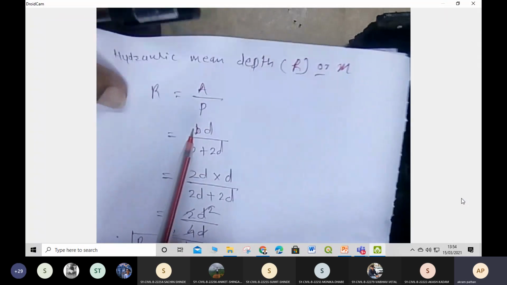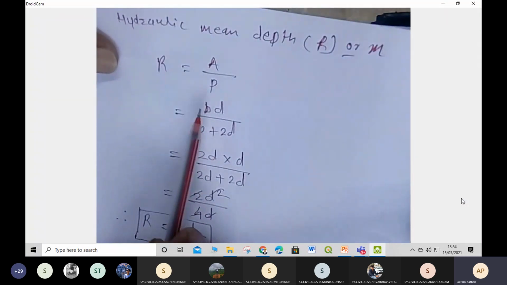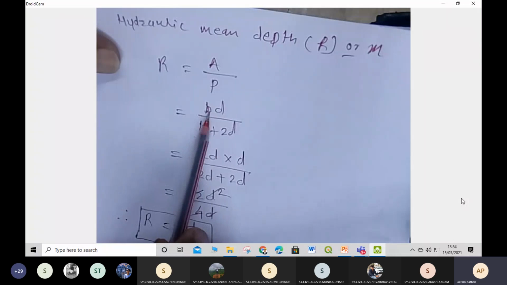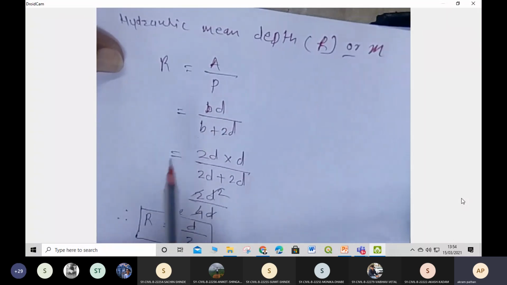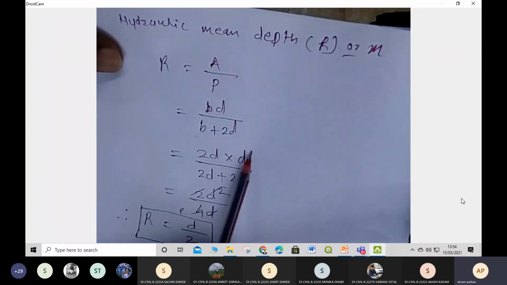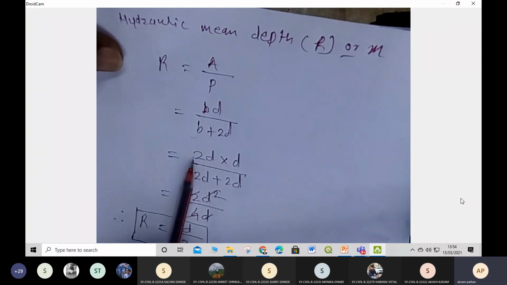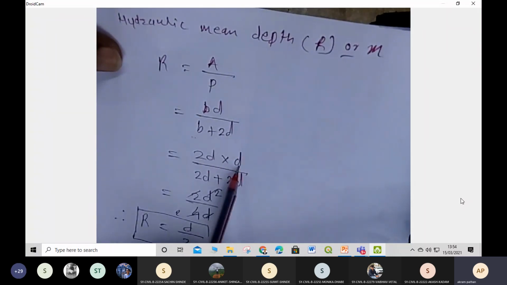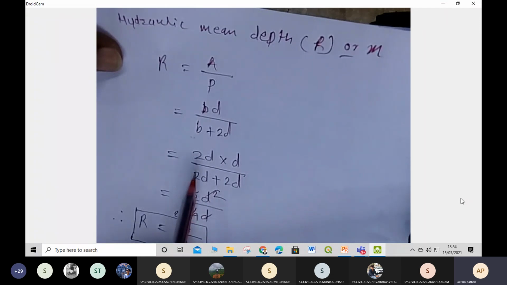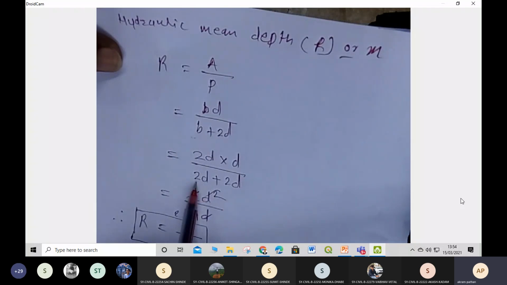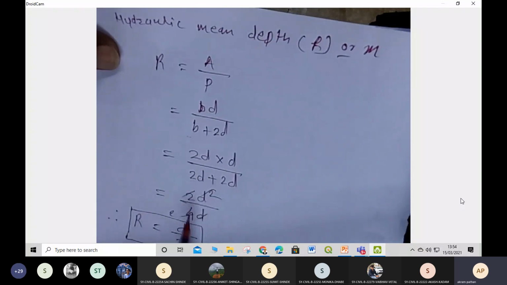So if I write area B into D divided by the perimeter B plus 2D, we have to substitute the value of B. B is equal to 2D, because twice the depth of flow, so 2D into D divided by 2D plus 2D.